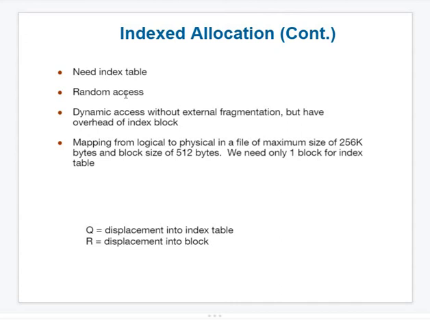So dynamic access without external fragmentation is also possible to get as a solution. Indexed allocation always supports direct access, as I told, without suffering from external fragmentation. However, indexed allocation does suffer from wasted space.